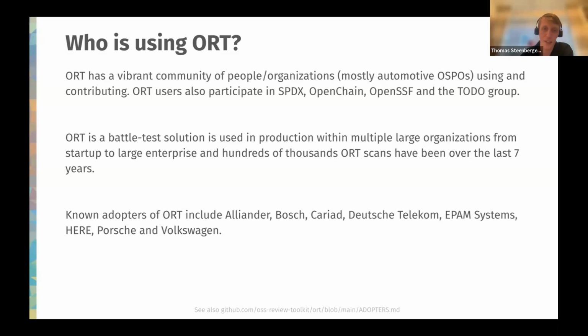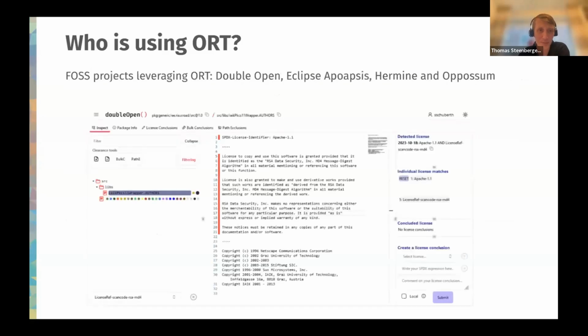These are mostly people that were close to us and started using it because we're all running into the same problems as OSPOs. In Germany, there's a big group of OSPOs that work together on their shared problems, like the OSR group, mostly between automotive companies, trying to solve their shared open source challenges.